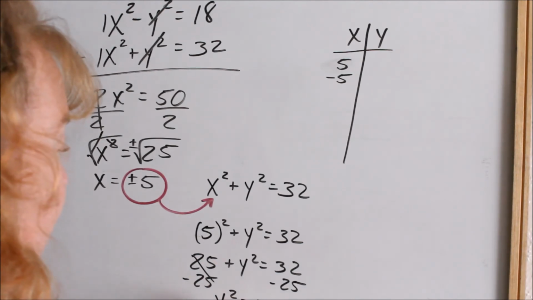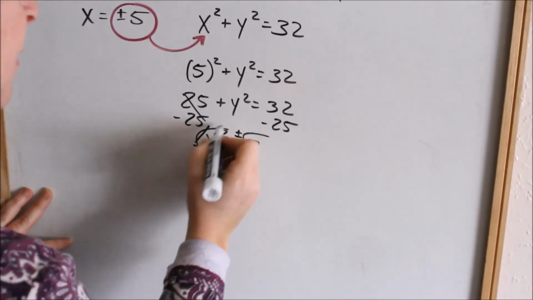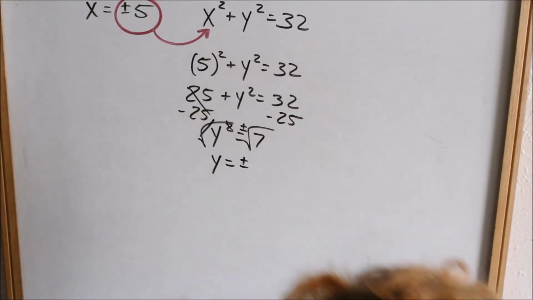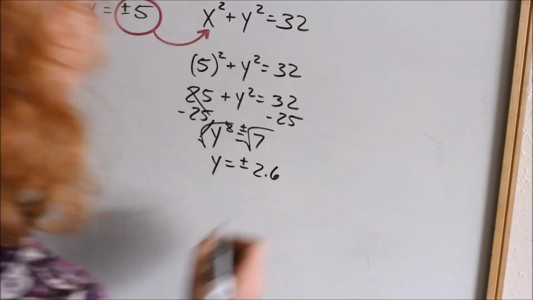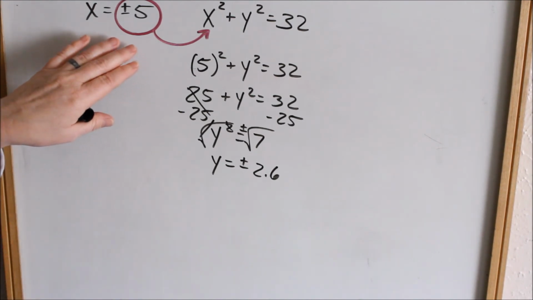So solving for y, take the square root of both sides, put your plus or minus. So y equals plus or minus the square root of 7, which is 2.6. So here's where it gets tricky of keeping up with your points.